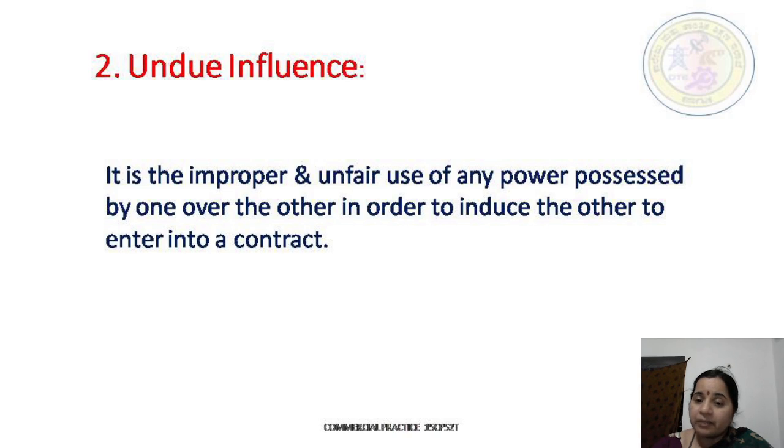But if the master uses that power in an improper and unfair way to get the servant to agree to an agreement, to get the consent of the servant to enter into an agreement, that is an example of undue influence.